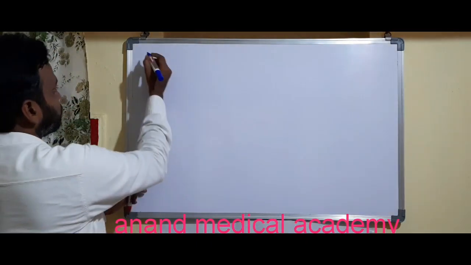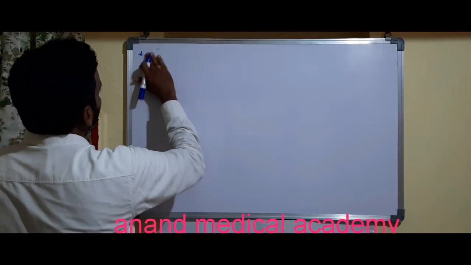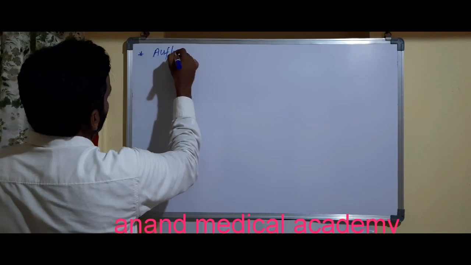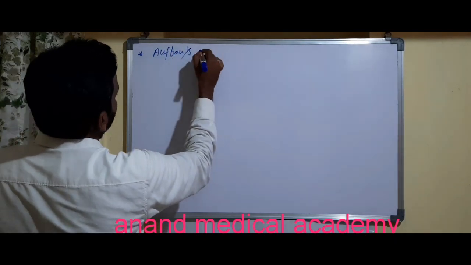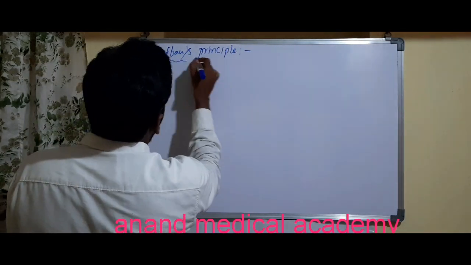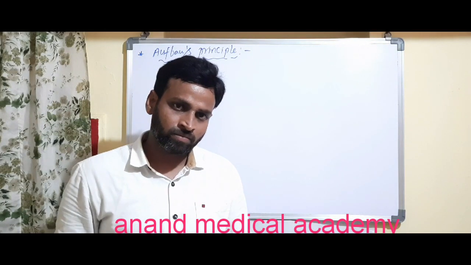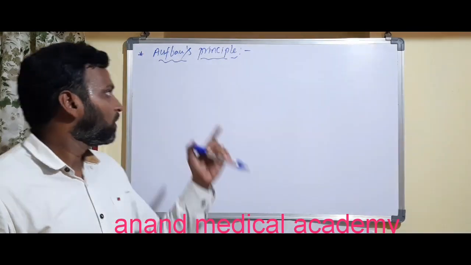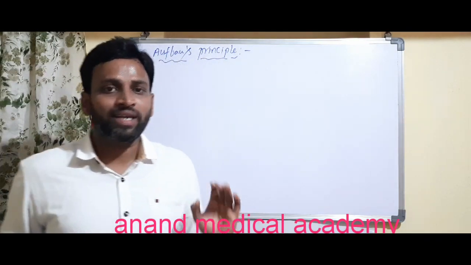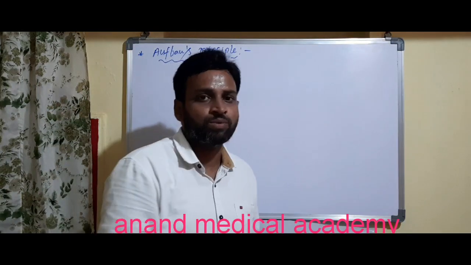To write electronic configuration, you must know one most important thing, that is called the Aufbau principle. This is important for us. Why is it so important? Without knowing the Aufbau principle, you cannot write electronic configuration, because you have to fill electrons in various subshells.